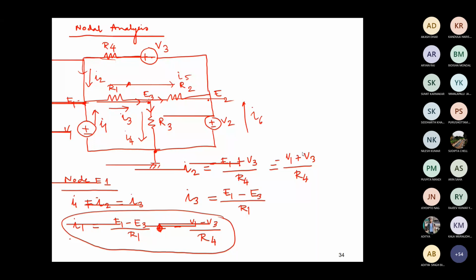Sir, I was saying that if I2 before V3 were zero, then I could write V3 minus E1. But V3 is not zero, no? V3 minus E1 by R1 is the flow of current. V3 is at higher potential, E1 is at lower potential. We assume that. Then V3 minus E1 by R4 is your I2.